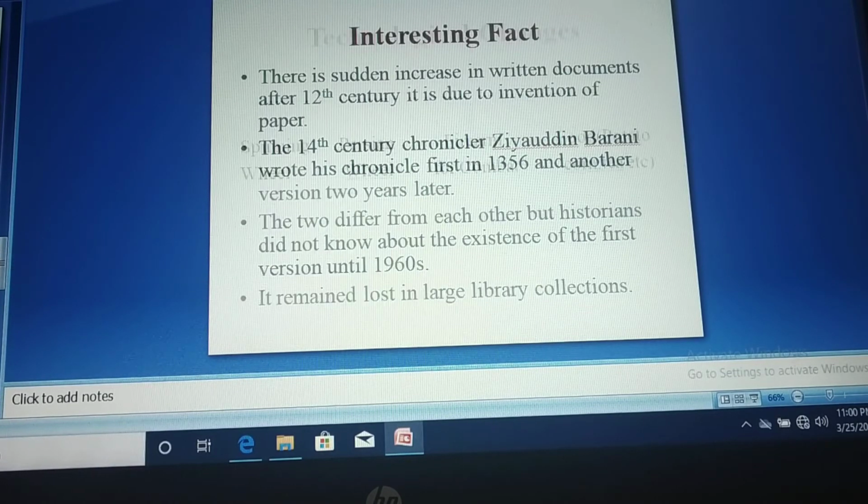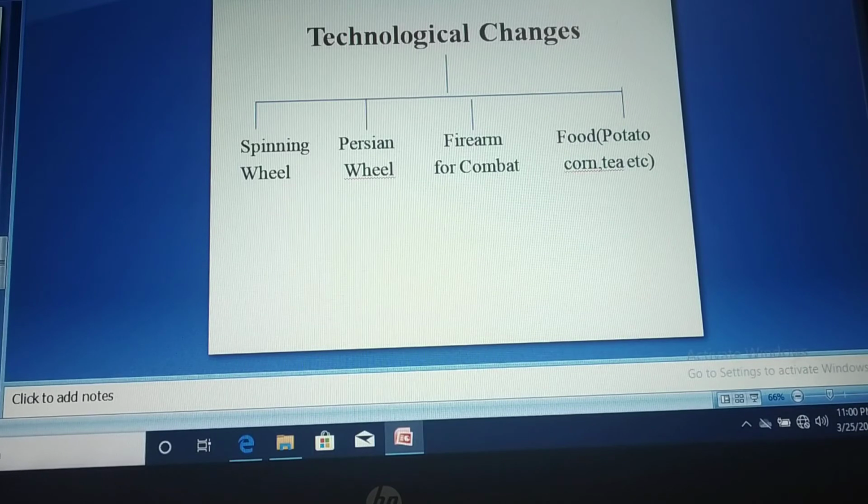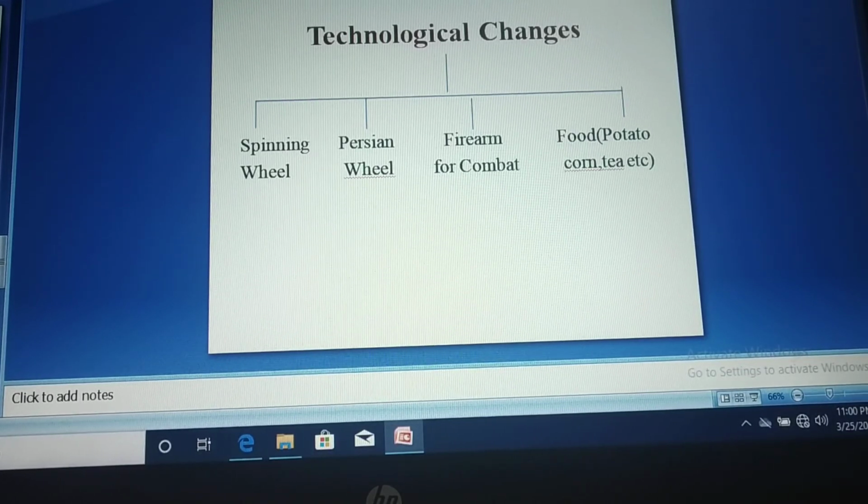Now let's move on to the next change, which is technological changes. As the name of the chapter suggests, tracing the changes through the past, we have traced the changes in maps, new and old terminology, sources of history, manuscripts. There were a lot of changes in manuscripts, plus there was a great deal of change in the field of technology.